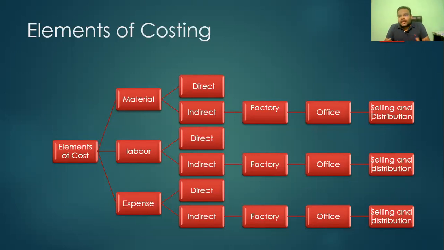Now, who can be indirect labor? All our administrative staff, account staff, security people, those come under indirect labor. Take an example of an accounts manager. He will not go to the factory and produce a product. He contributes in a different way, that means he is not involved directly in the production process.